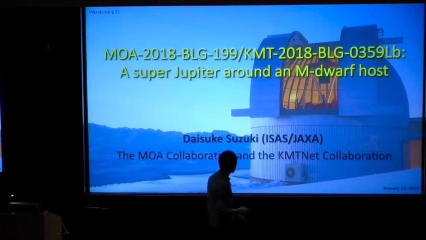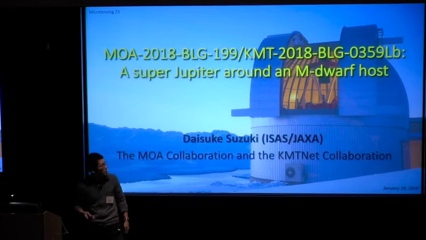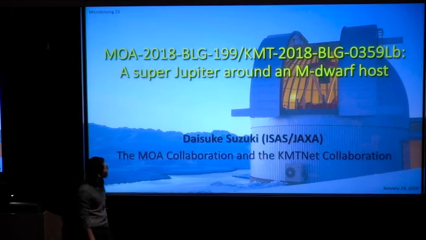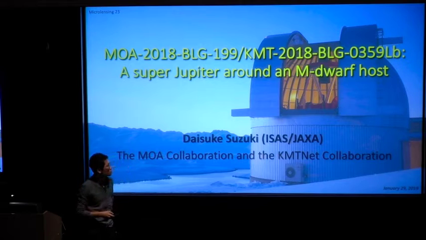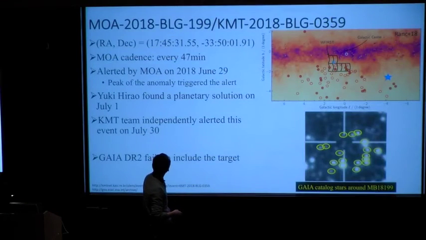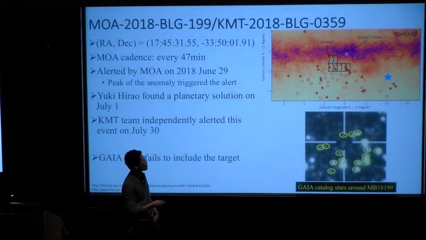I'm Daisuke Suzuki from ISAS JAXA. So I'm going to talk about analysis of MOA-2018-BLG-199, which is equivalent to KMT-2018-BLG-359. This event occurred at this position, which is indicated as a blue star in the right figure.